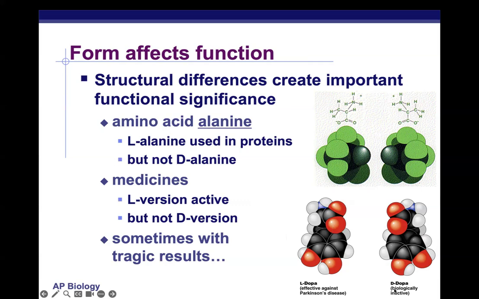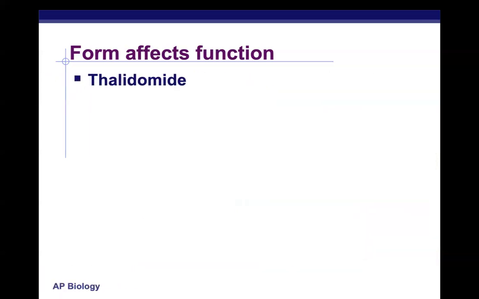The D version is not. Same chemical formula, different isomer, right? Because they have different shapes, one can be very useful to the body to treat Parkinson's, one is biologically inactive. So the specific isomer is important.